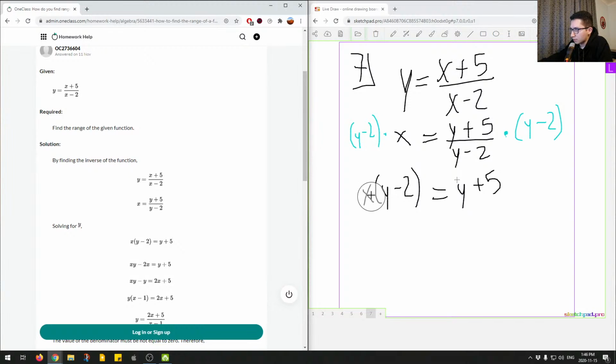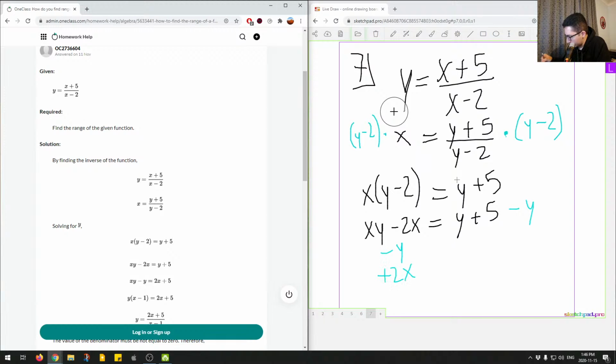And then we just expand this out, so we have xy minus 2x is equal to y plus 5. Here we're trying to isolate for y, so we want to put all of the y terms on the left side. So we'll subtract y from both sides and we'll add 2x. So minus y on the left side and on the right, and plus 2x on both sides.